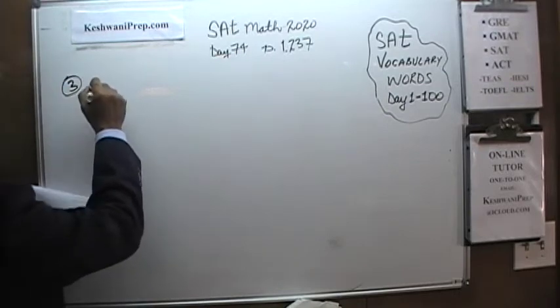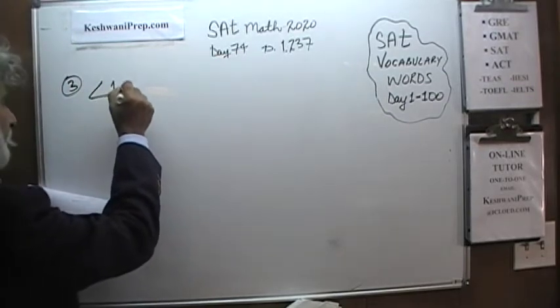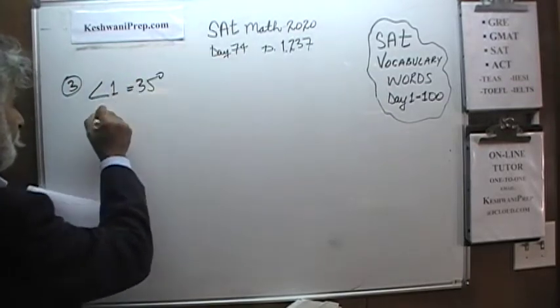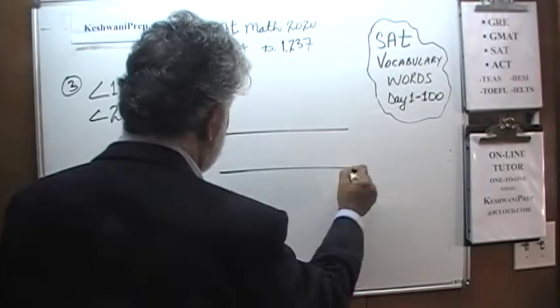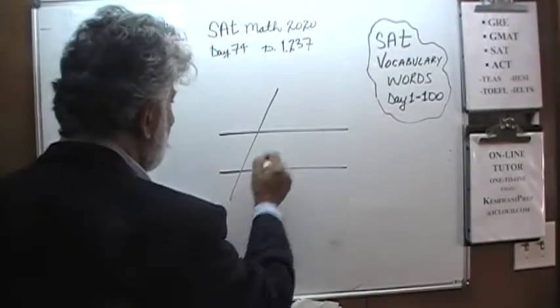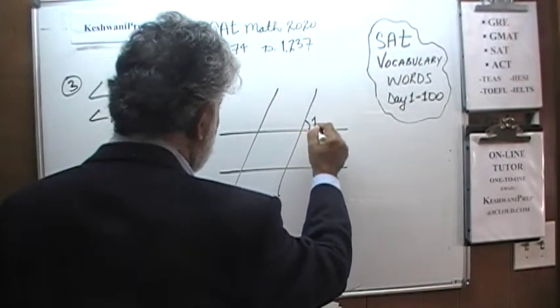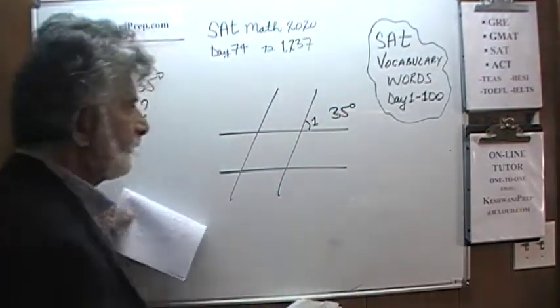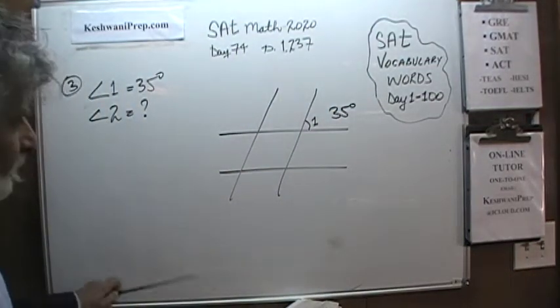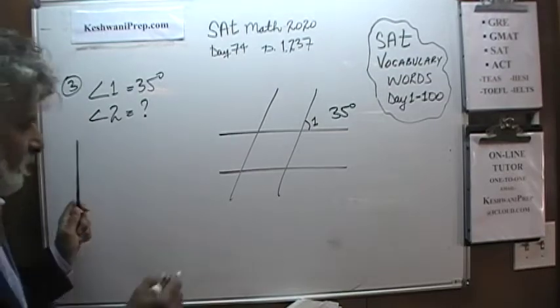Number 3, we are told that angle 1 is equal to 35. The question simply is, how much is angle 2? We are given 2 parallel lines here, and then 2 more parallel lines. We are told that this is angle 1, and that this happens to be 35 degrees. If this angle is 35, then we know that this angle must be 35.